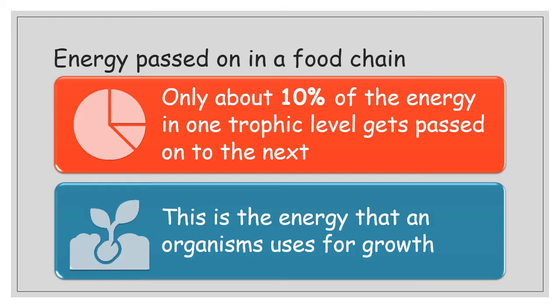But that energy, that 10%, is the energy the organism has used for growth. So bulking up, adding on extra cells, extra bits of tissue, all of those things to make the organism bigger as it goes through its life cycle, that energy is kept within the organism, and therefore if it's eaten, then that's the energy that that animal has consumed that will then pass on to the next trophic level, the next organism within the food chain.